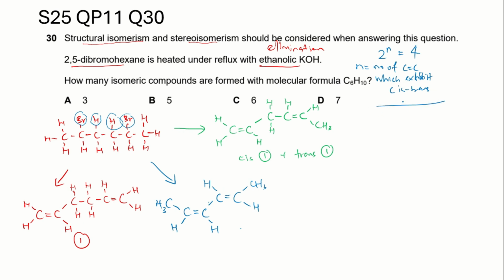So the combinations will be both left and right showing cis arrangement, or both trans, or cis trans, and then trans cis.